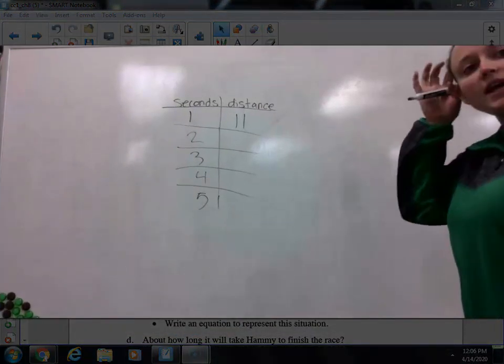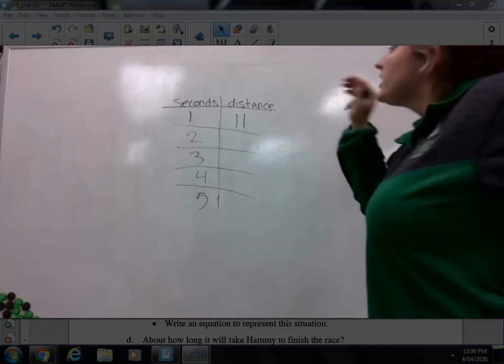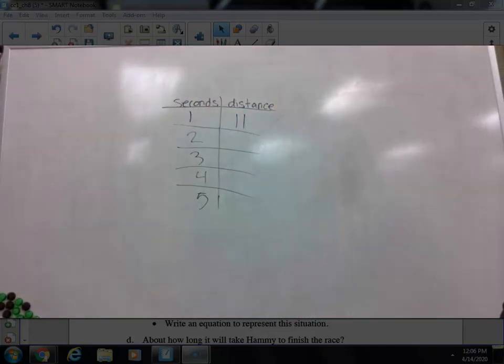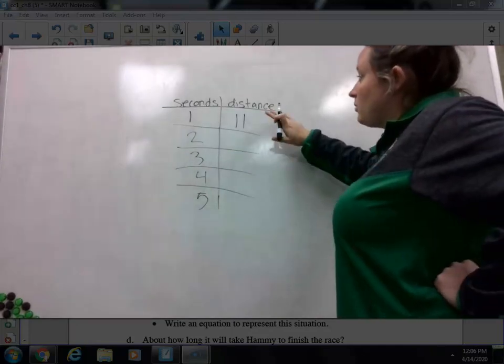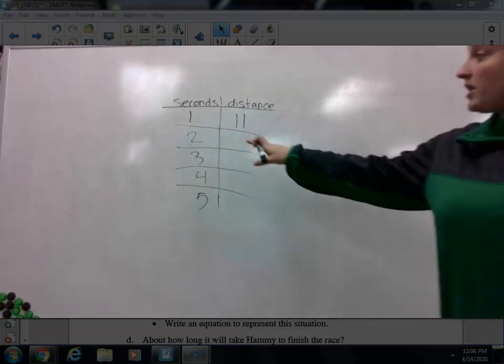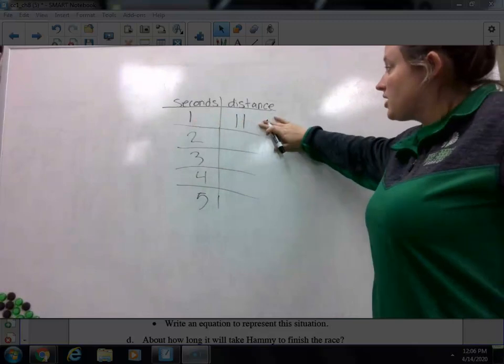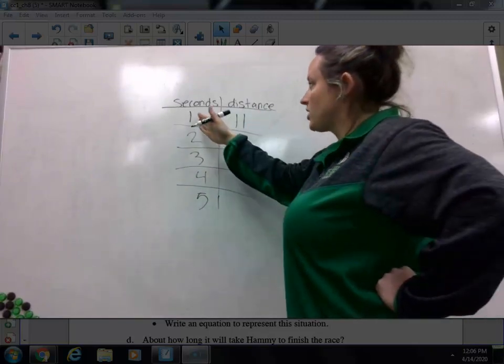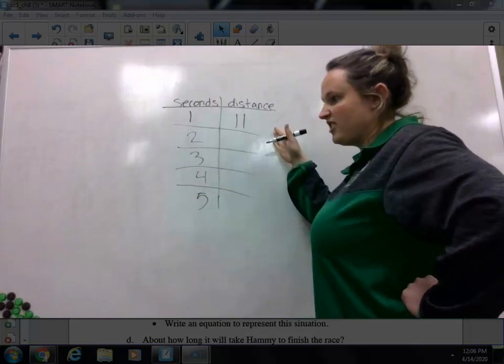All right, so we went ahead and made a table here. We said that for every 1 second, the distance they went was 11 feet per second. So we are going to start with 1, 2, 3, 4, and 5. If we know that in 1 second they go 11 feet, our rule here is we're going 11 feet every second.